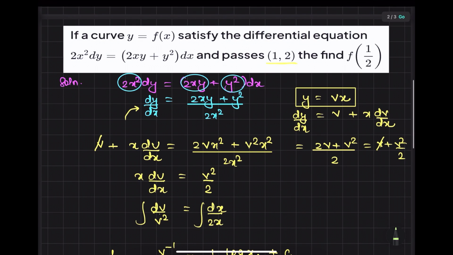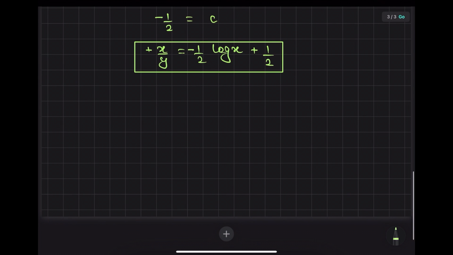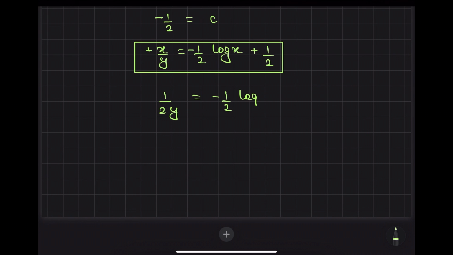Now what do we want? We want f of 1 by 2. Now we have to replace x with 1 by 2. So it is 1 by 2y is equal to minus of 1 by 2 log 1 by 2. Can I write 2 power minus 1, and that minus 1 will become the coefficient, plus 1 by 2.